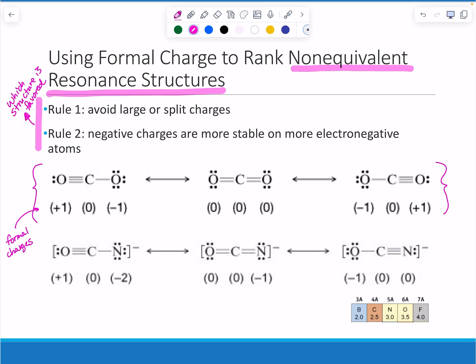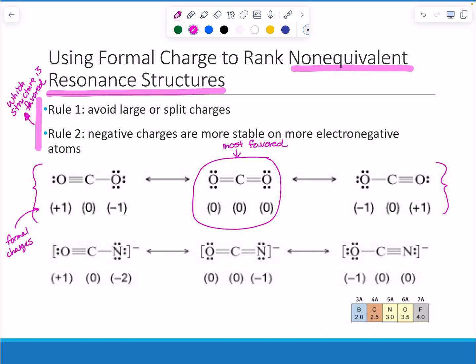So that's thing number one. Our example of carbon dioxide tells us that. So this one is going to be the most stable, most favored structure. That's how carbon dioxide exists.